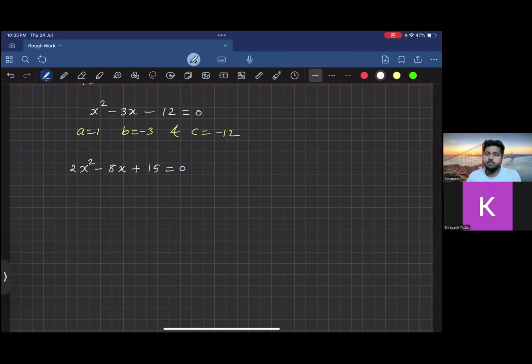It is also a quadratic equation, because it is of the form ax square plus bx plus c equals 0. Here a is 2, b is minus 8, c is 15. So if the equation is in the form ax square plus bx plus c equals 0, then it is a quadratic equation.